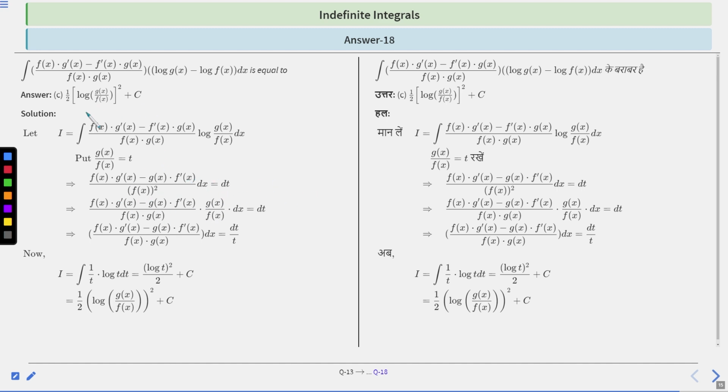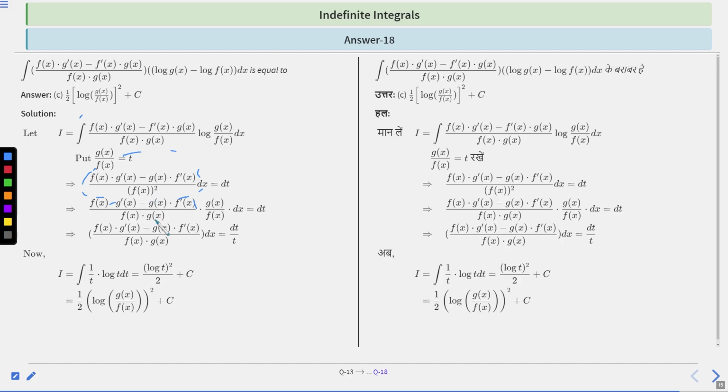Right. Therefore, this expression can be broken as [f(x) g'(x) minus g(x) f'(x)] upon f(x) g(x) into, let's multiply by g(x) upon f(x) into dx, right? Clear. g(x) upon f(x) into dx. See what we have done.